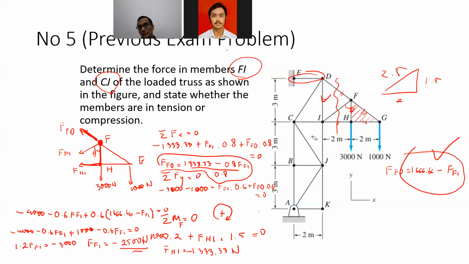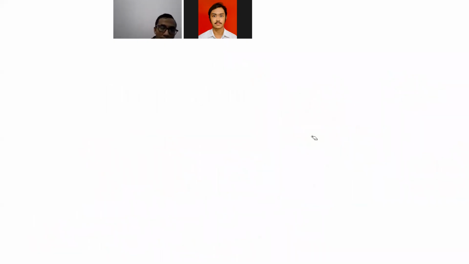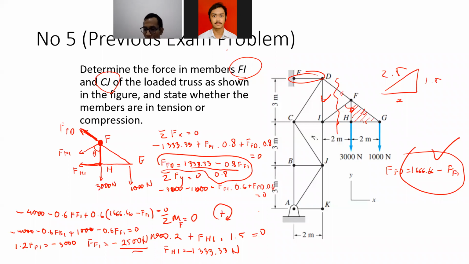So for that problem, we have to solve for ED, either ED or AX, AY. We don't do the section first, but we solve for the external force first. Because if we do the section without solving that, we will not be able to solve for AD.